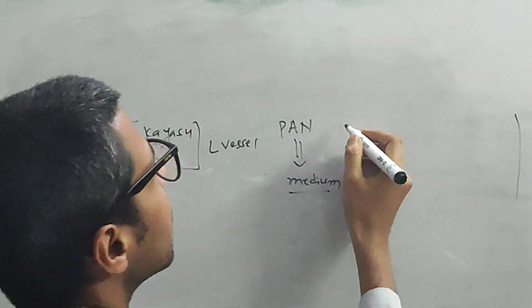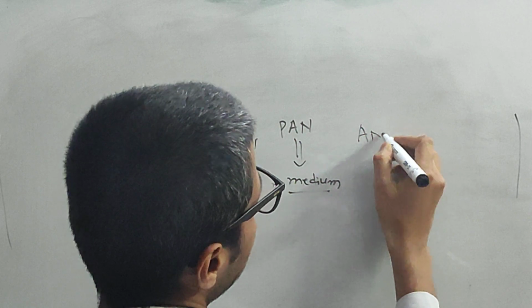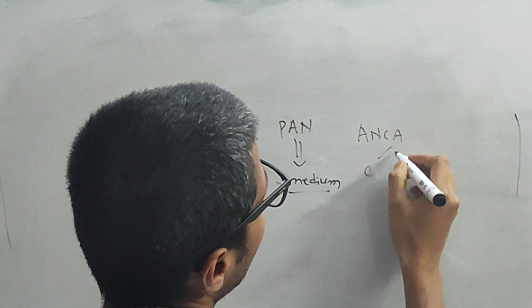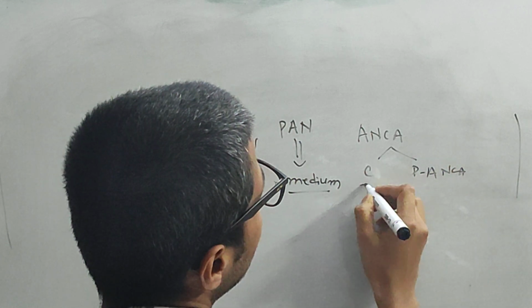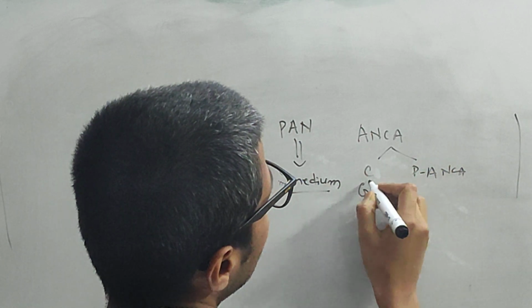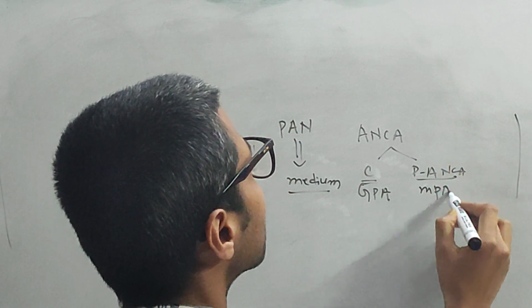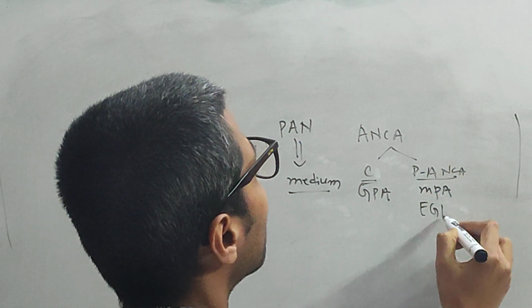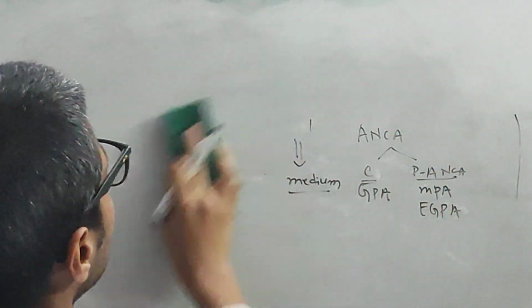And the third category is small-sized vasculitis, which includes ANCA vasculitis. So one is C ANCA, another is P ANCA. So C ANCA, granulomatosis with polyangiitis. Here you can see C ANCA. In P ANCA, there can be microscopic polyangiitis or eosinophilic granulomatosis with polyangiitis. Okay, so these are different types of vasculitis.